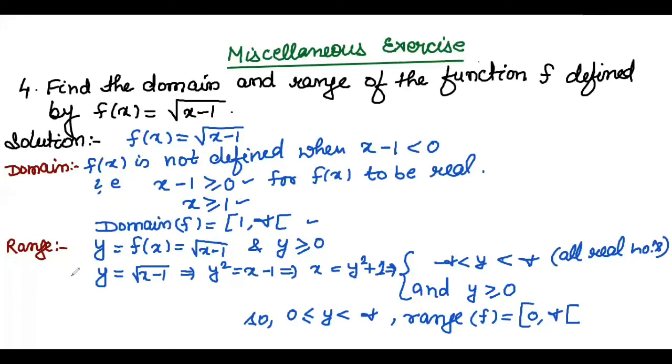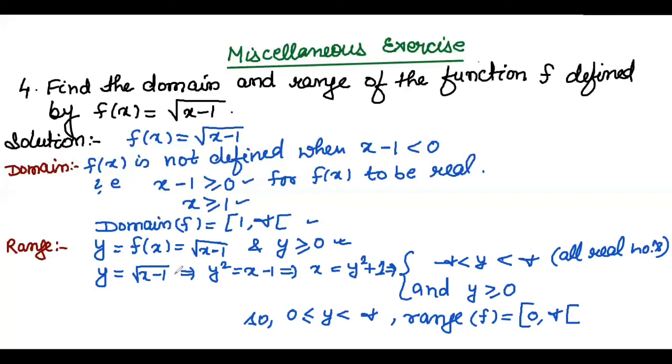Now we will find out the range. So y equals root x minus 1. And from the domain part we got one more condition, that y is greater than or equal to 0. Based on that we will find out, y equals root x minus 1, and we know that whenever we have to find out the range value we will convert x in terms of y.